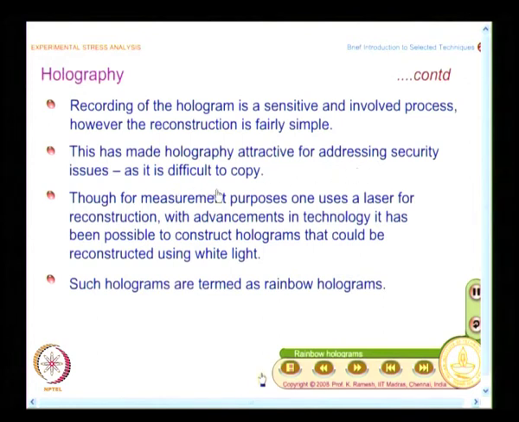That is why people use hologram stickers. Though for measurement purposes one uses a laser for reconstruction, with advancements in technology it has been possible to construct holograms that could be reconstructed using white light. So, what you see as holographic stickers are nothing but white light holograms.